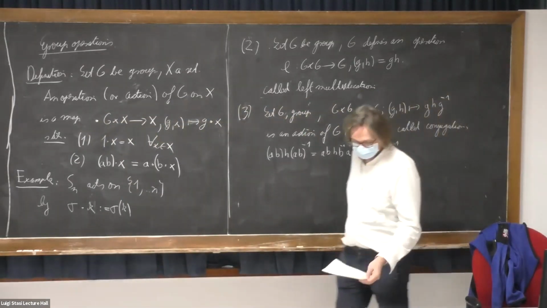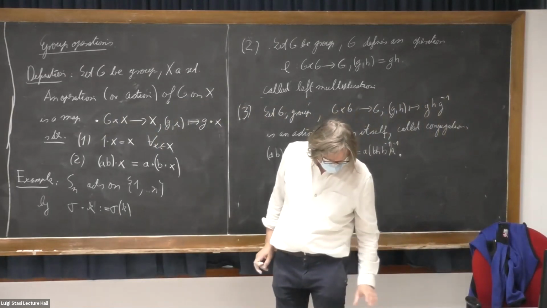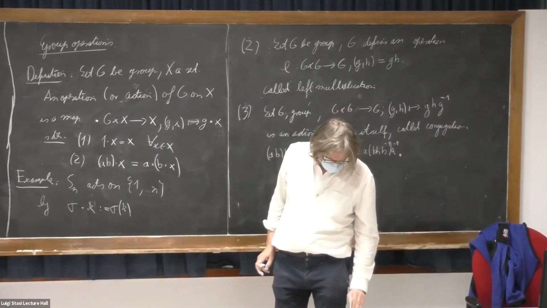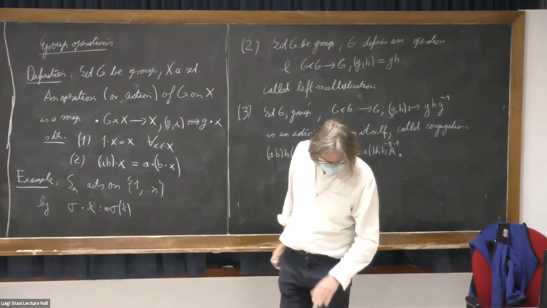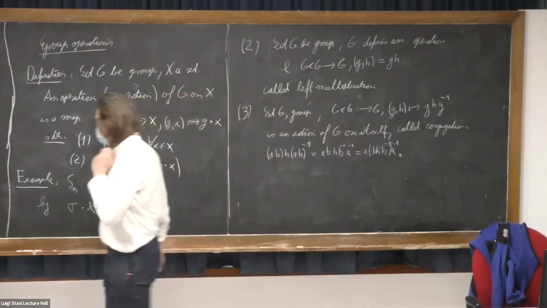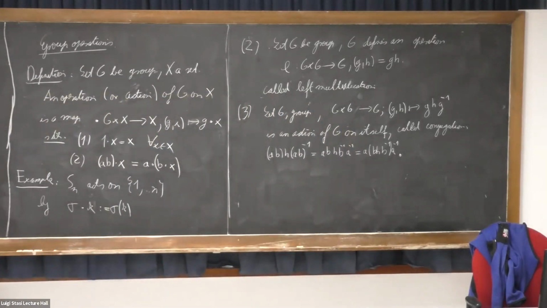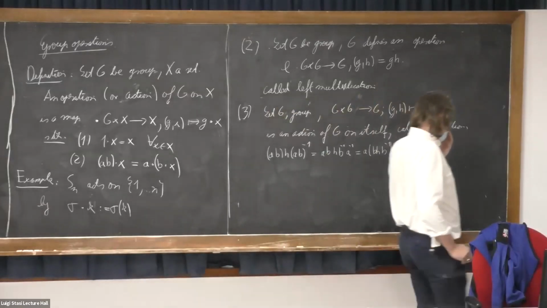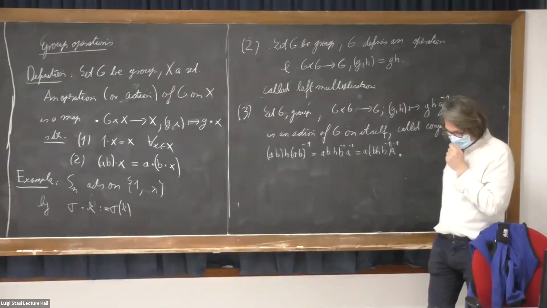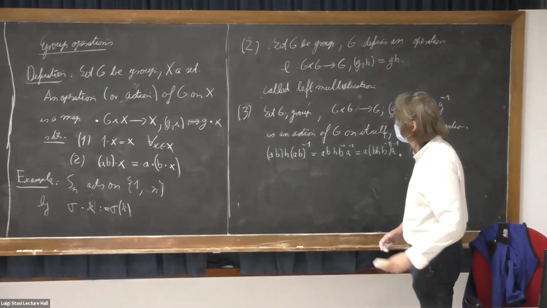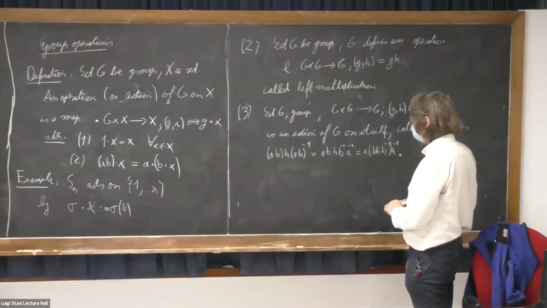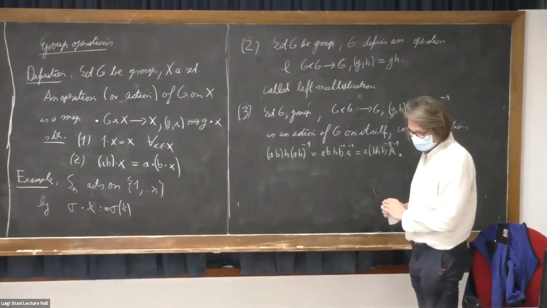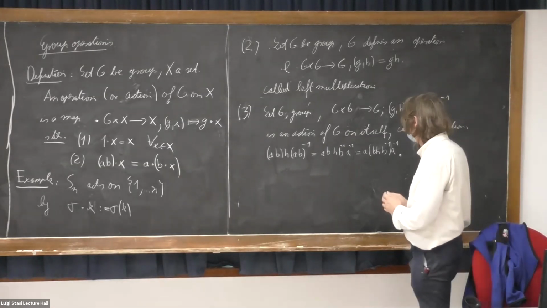Now we want to apply these things to prove Cayley's theorem. Cayley's theorem says that every finite group is isomorphic to a subgroup of a symmetric group.